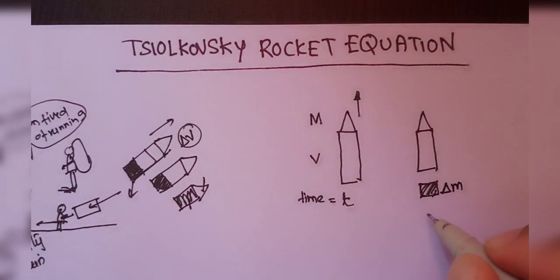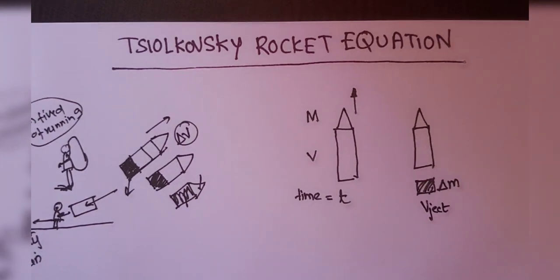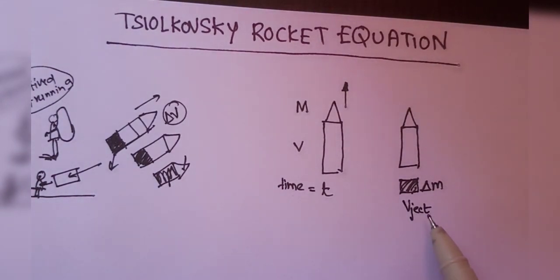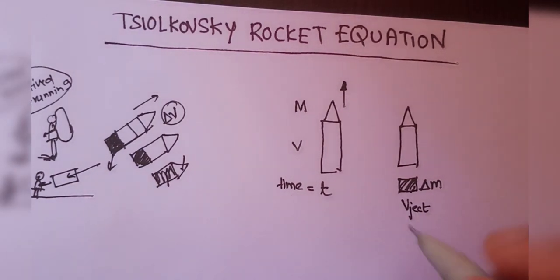We call its ejection velocity v eject. In different textbooks they have different terminologies or notations, so here we'll try to make the concept very simple and represent the ejection velocity as v eject.